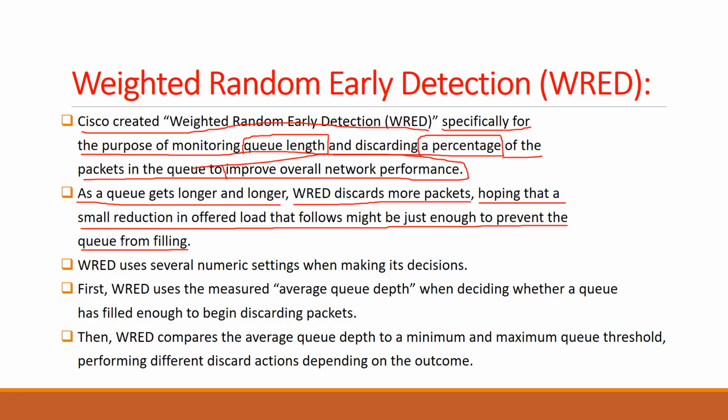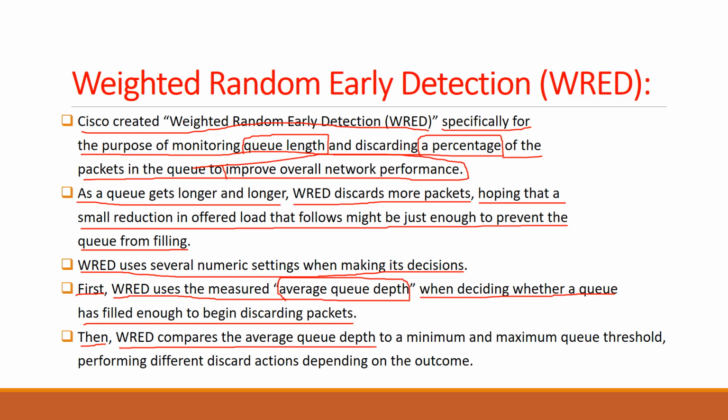So let's discuss how WRED works. WRED uses several numeric settings when making its decisions. First, WRED uses the measured average queue depth when deciding whether a queue has filled enough to begin discarding packets. Then, WRED compares the average queue depth to a minimum and maximum queue threshold, performing different discard actions depending on the outcome.